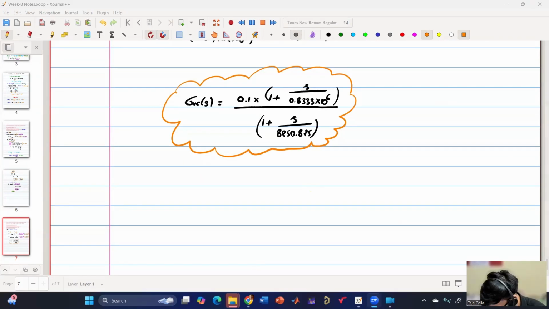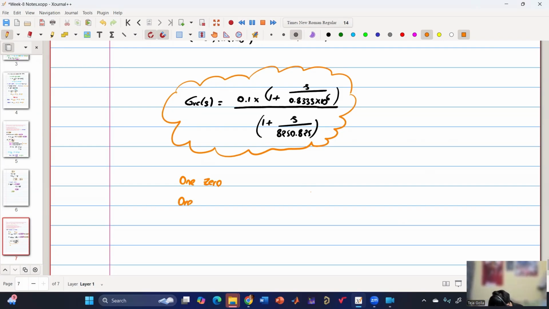So we need to have one zero and also one pole, and then we need to have one integrator. And also we'll have DC gain. So why zero? To cancel plant's pole. And why one pole?